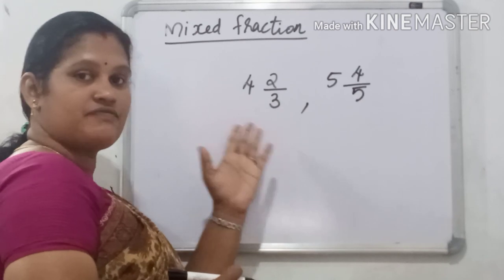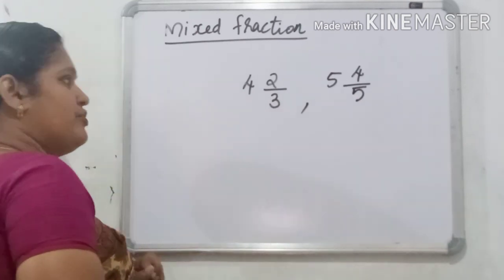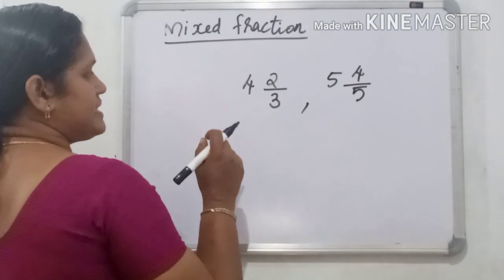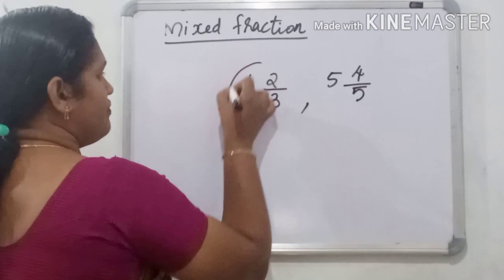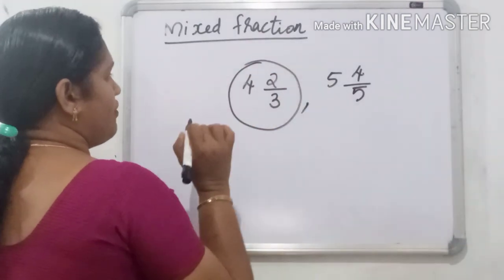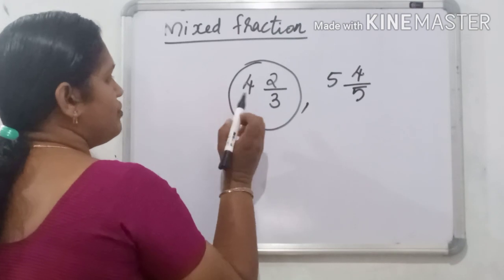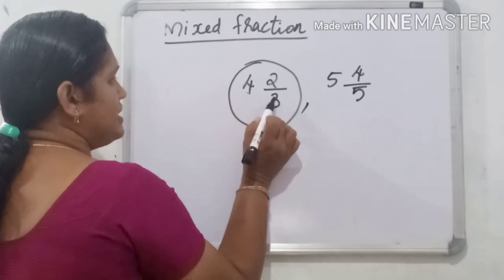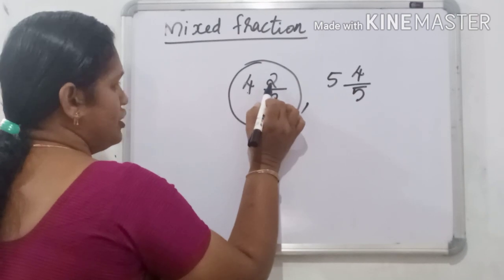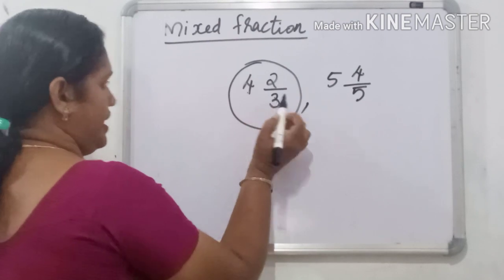All mixed fractions we can convert into improper fraction. How do we do that? We already studied in our 4th standard. To convert this mixed fraction 4 2 by 3 into improper fraction, we have to multiply the whole number part and the denominator and add 2, then write the same denominator 3.